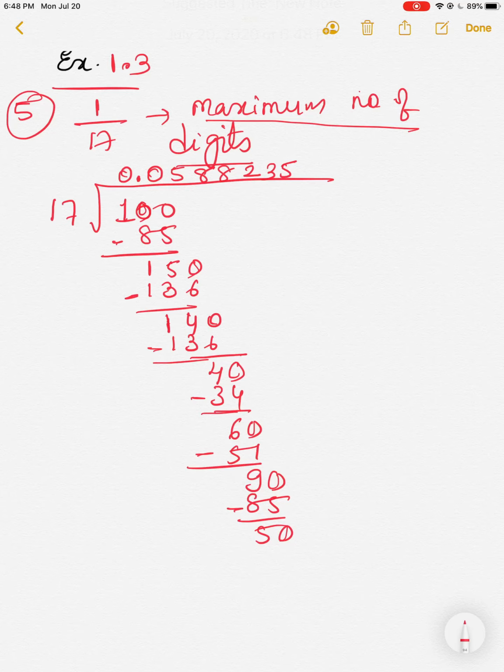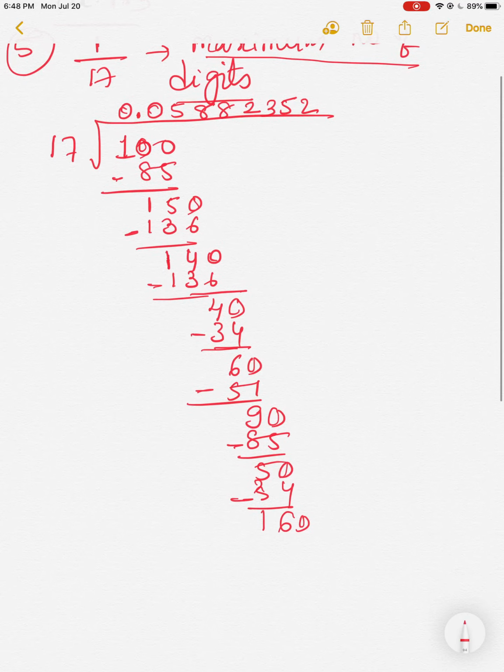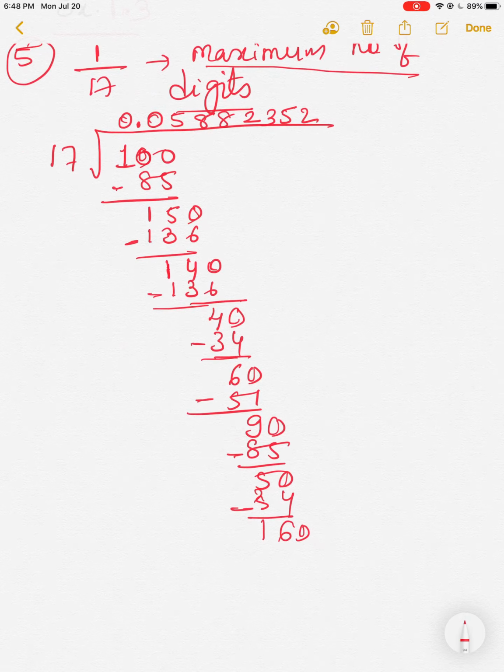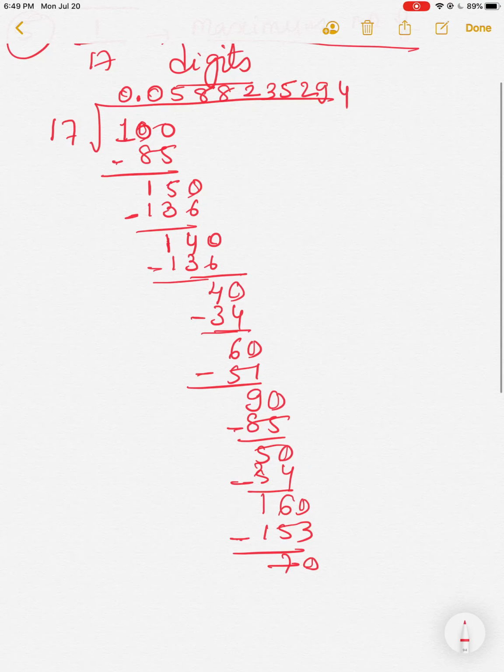17 5s are 85, minus, 5, 0. Okay, then 17 3s are 51. So 17 2s are 34, minus, 6, and here we will be getting 0. Okay, now next is 160 is there. So 160 means you will be getting 17 9s are 153. 153 means here we will be getting 7, 0. 17 4s are 68 minus 2, 0.